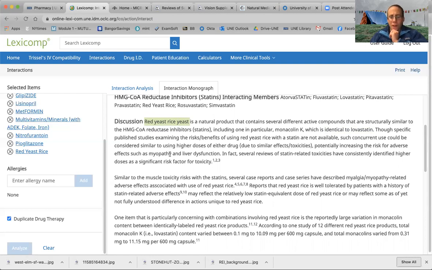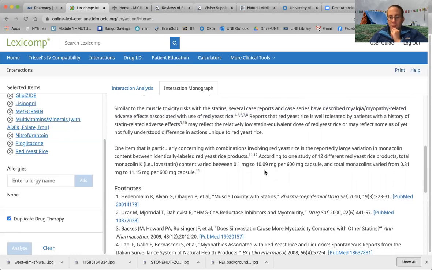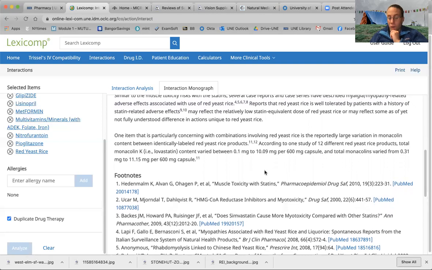We read through here, and similar to muscle toxicity with statins, we find that there are several case reports describing myalgia and myopathy related to the use of red yeast rice. So there's at least case reports that this has happened. It's not theoretical. We have documentation that it occurred.